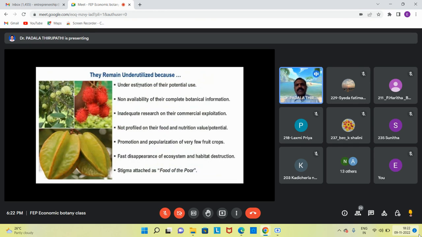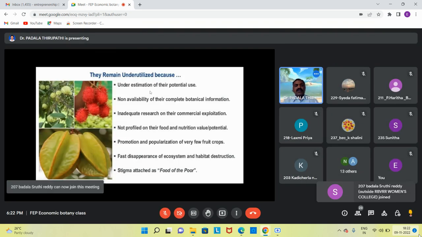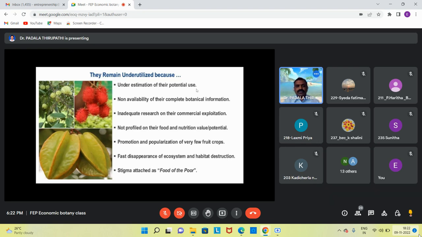And see here, my dear friends, the underestimation of their potential use. Why do these fruits and nuts remain underutilized? Because of the underestimation of their potential use. Because we estimate that they are not edible.